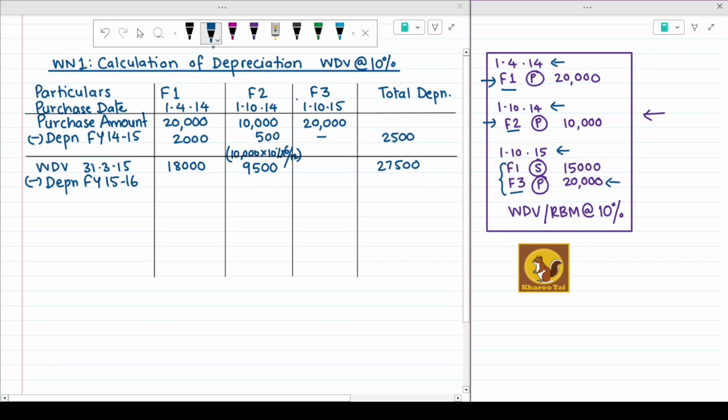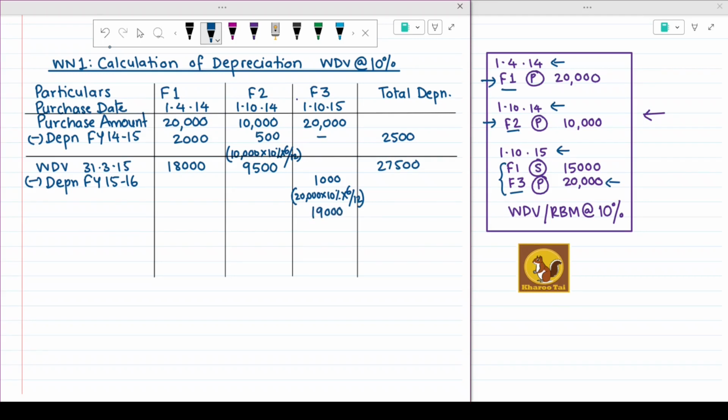We have purchased it on 1st October, right? So the depreciation will be for 20,000 into 10%. The furniture was used from October, November, December, Jan, Feb, March. That is 6 months, 6 divided by 12. So 20,000 into 10% is 2,000 and half of 2,000 is 1,000. And 20,000 minus 1,000 is 19,000.